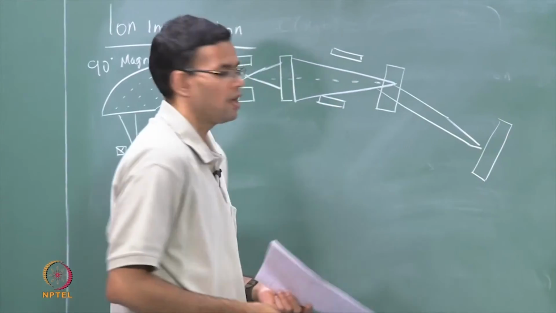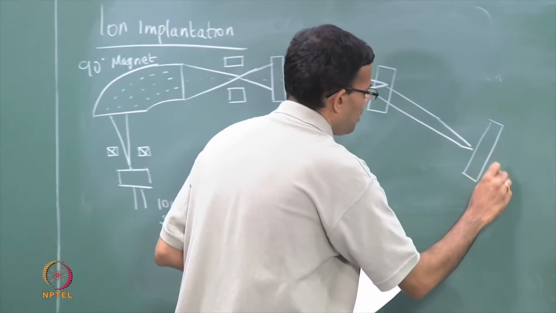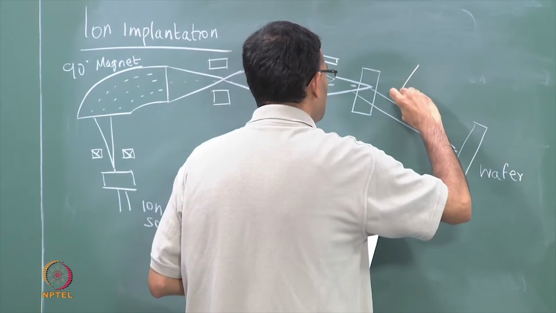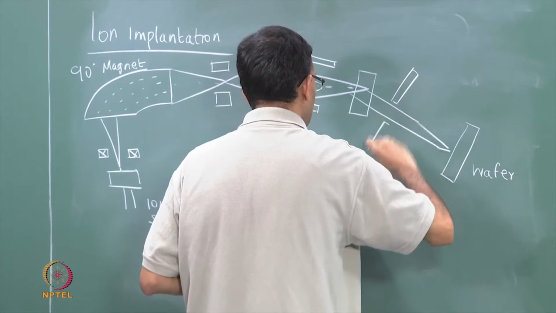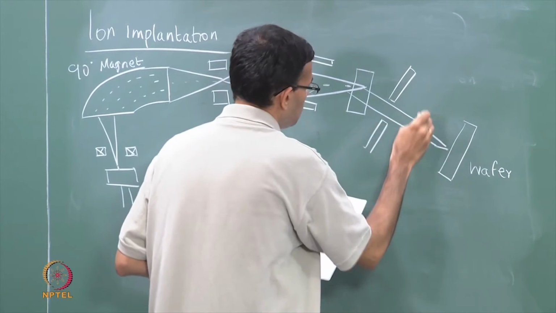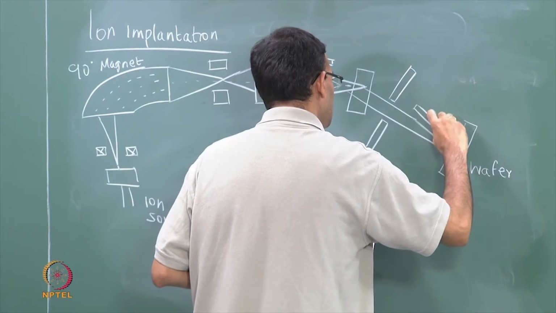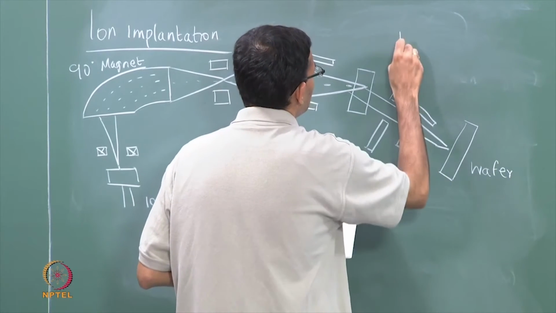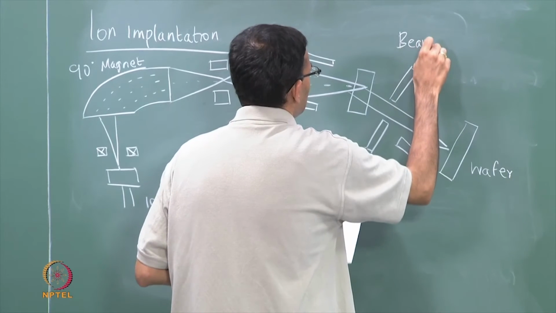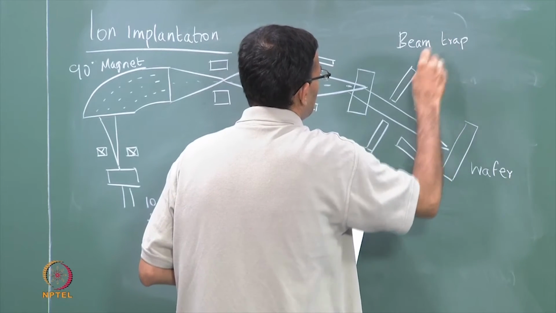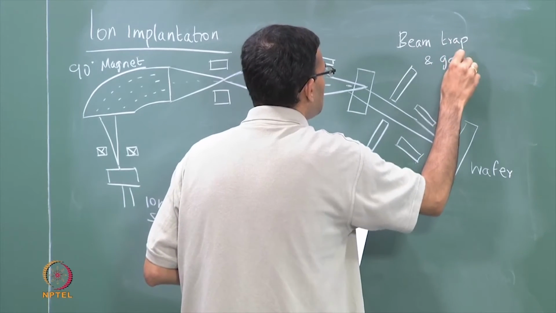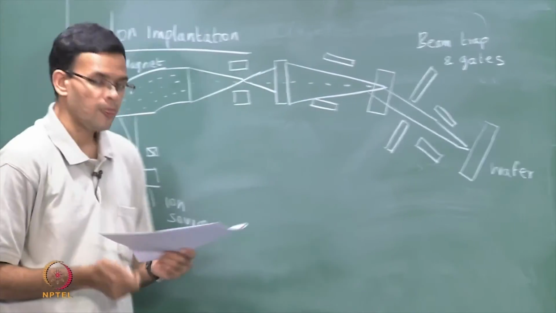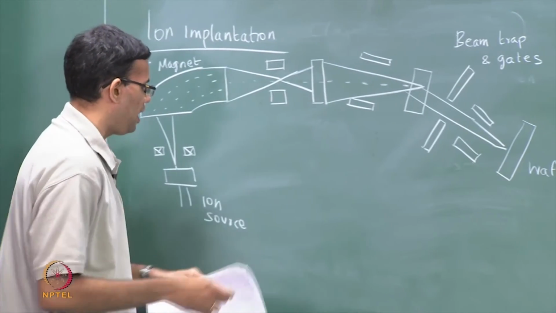These ions are then finally deflected and then fall on the wafer. So, the dopant atoms are ionized.